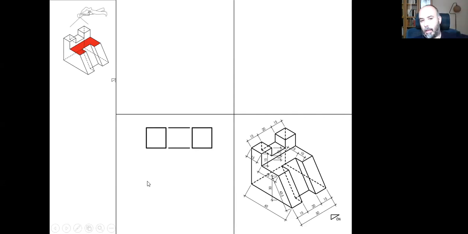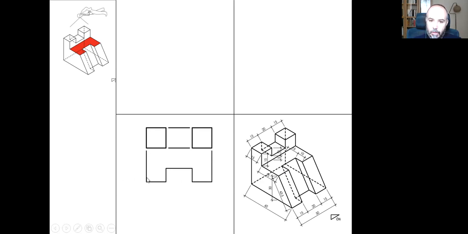And then I can continue with this surface. Here, as you can see, it has a 25 millimeter length, and again 15 millimeter, 20 millimeter, and 50 millimeter here. And there is a 10 millimeter inner part here.